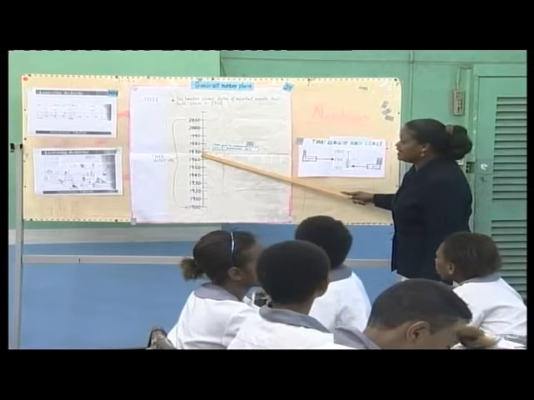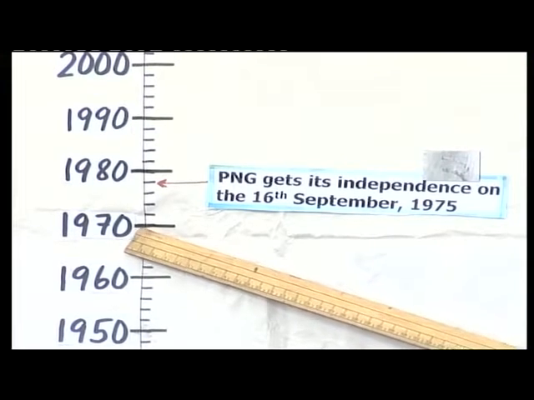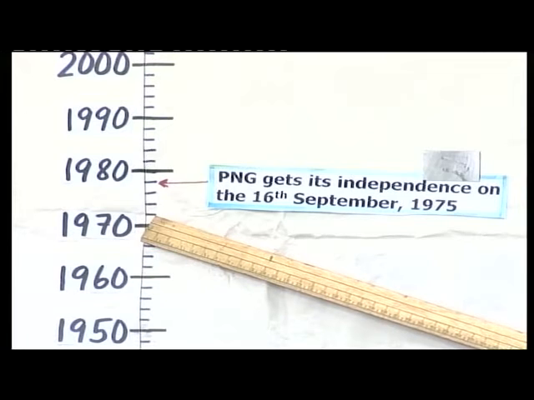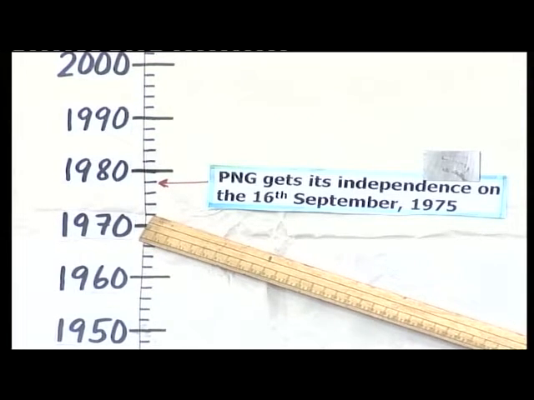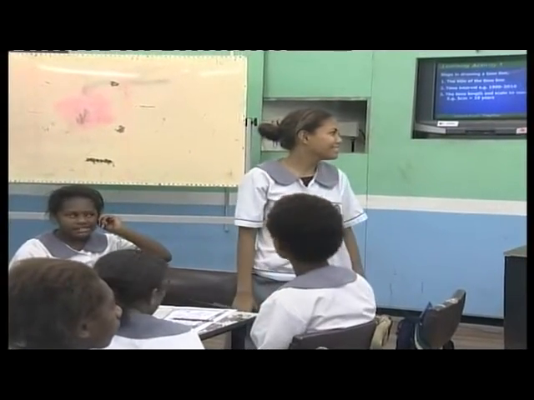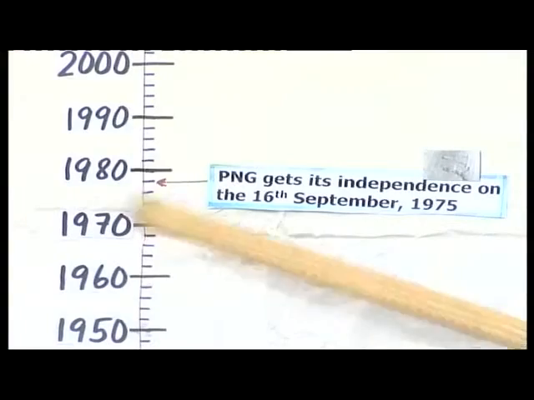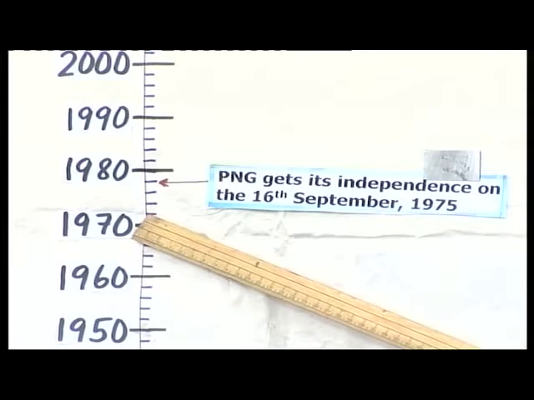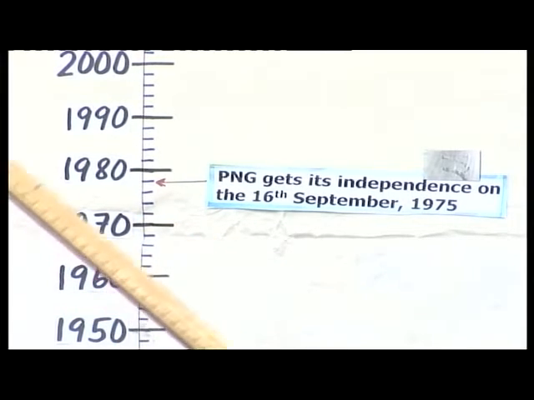So if this is 1970, what is this next scale division? Yes, Mary-Liz? Yes, receiving student? 1971. 1971, good try. We said that each scale from the smaller scale is about how many years?